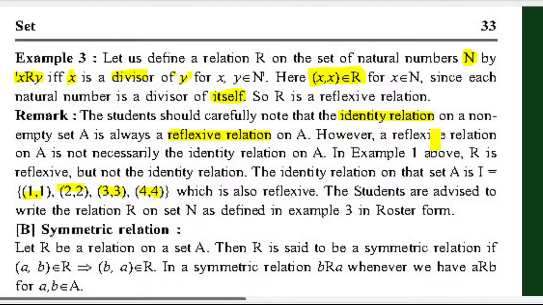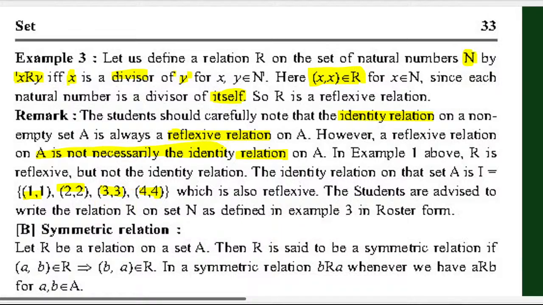However, a reflexive relation on A is not necessarily the identity relation. This is not the identity relation. In example 1 we have got (2,4), (4,2), (1,4) and so on, along with the identity relation.